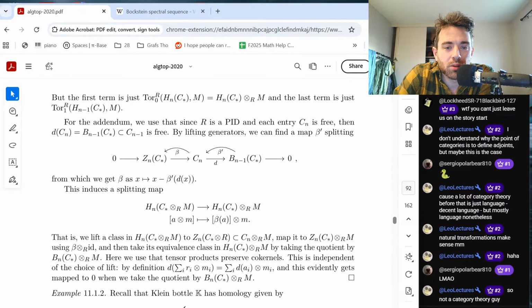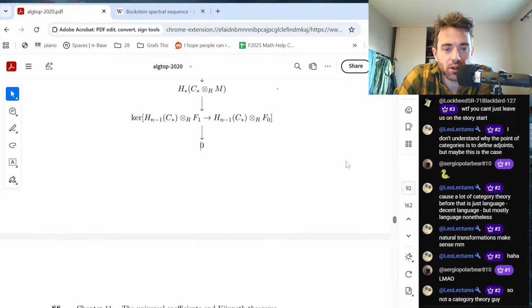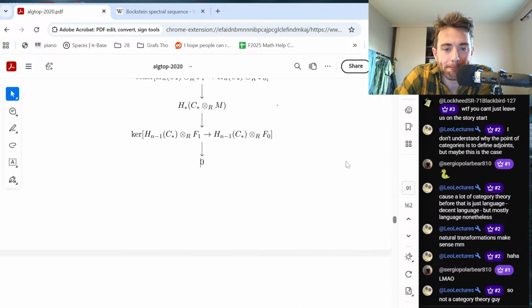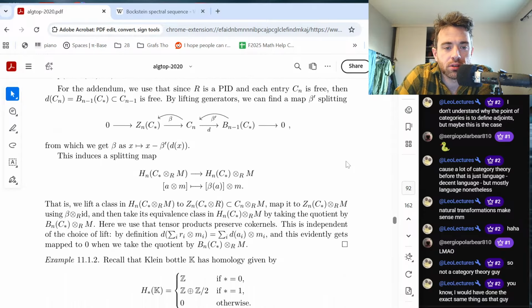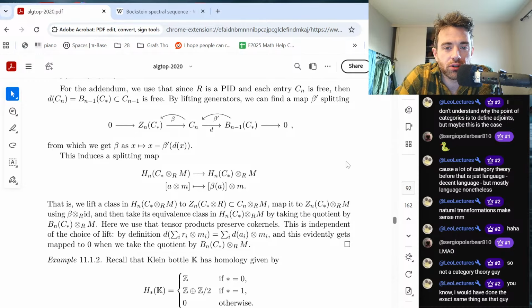Yeah. But the first term is just Tor 0, and the last term is just Tor n minus 1. Oh, yes, I see. True. Okay. By the addendum, we use that since R is a PID and each entry in here is free, then this is free.